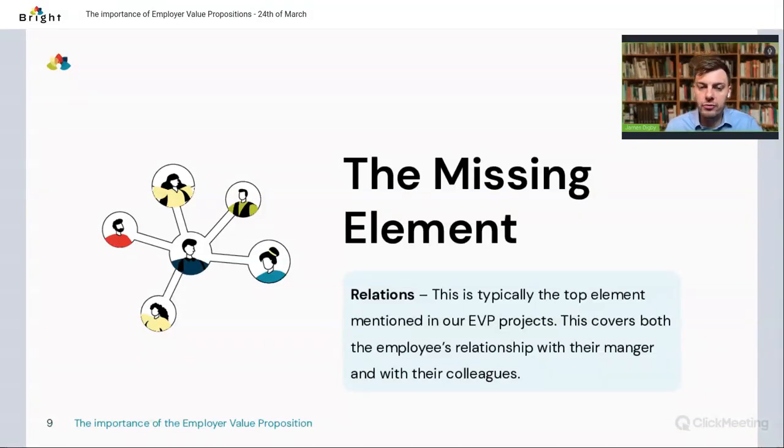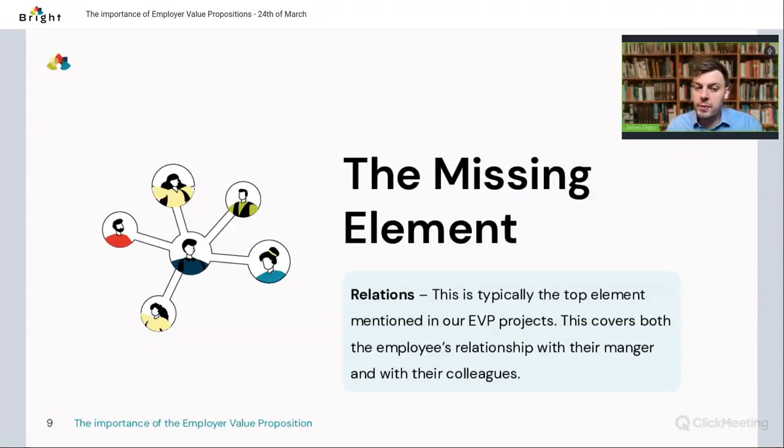We know that people want to be supported by the manager and they want to feel like the workload and the work balance is proportioned across their colleagues in a fair way. And we know that those things in the long term are exceptionally important. You might be able to attract somebody via a job advert with an amazing salary, amazing set of benefits, but it's very, very hard to retain people if you don't have that relationship piece.